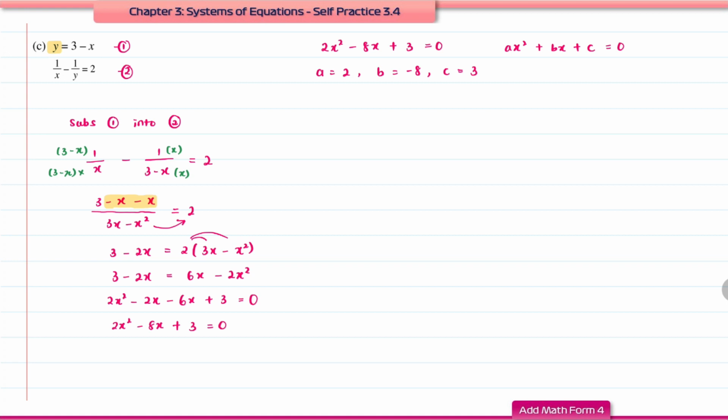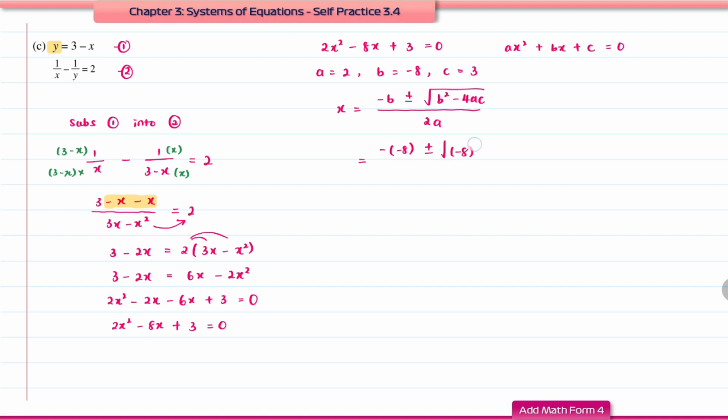Now we're going to substitute all the values into the formula, which is x equal to negative b plus minus the square root of b squared minus 4ac, divided by 2a. So here x is going to be negative bracket negative 8.